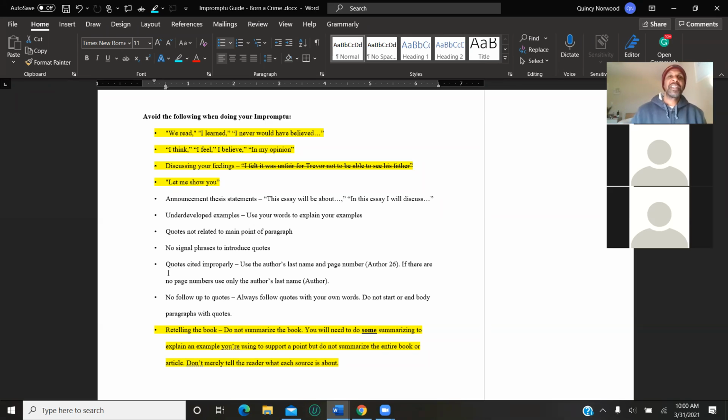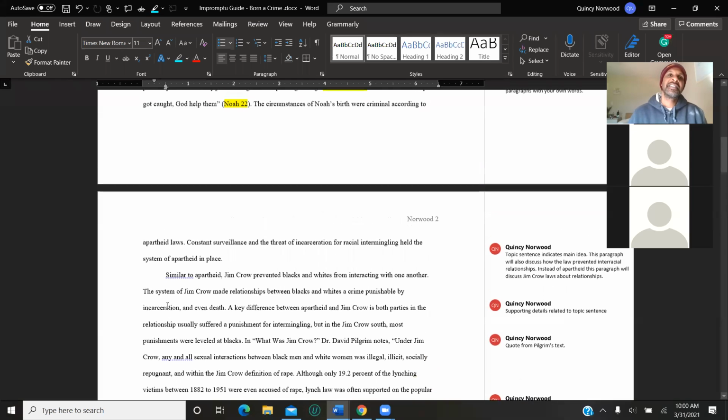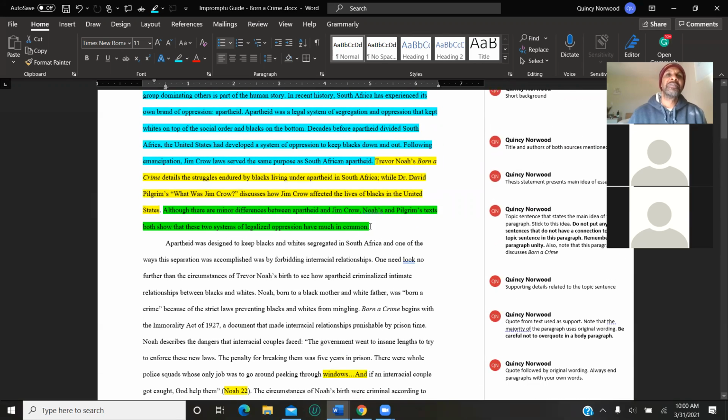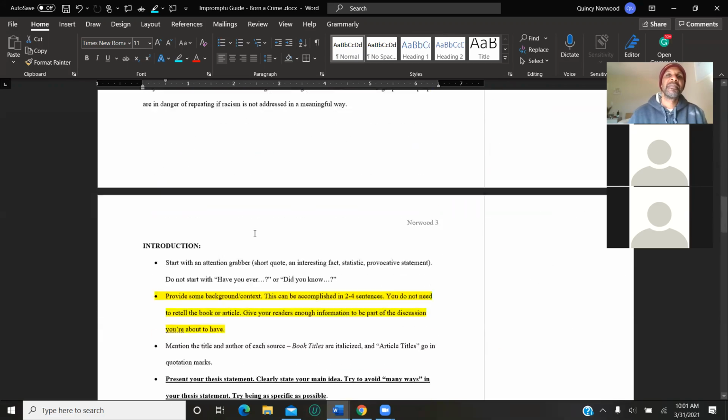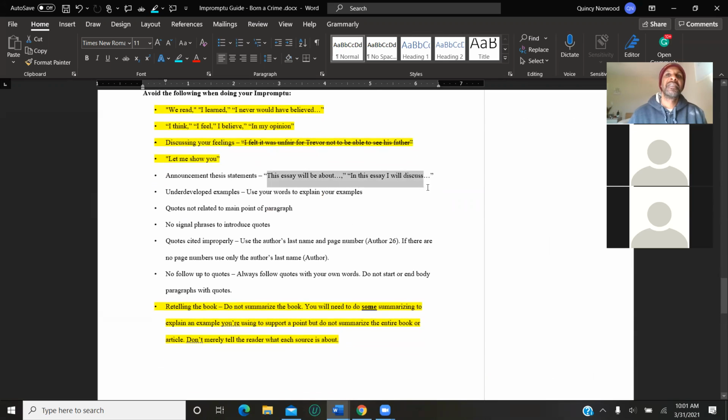Instead of telling them what it's about, show them. Let's make a statement: minor differences exist between apartheid and Jim Crow, but the text shows that these two systems have much in common. So avoid announcements.